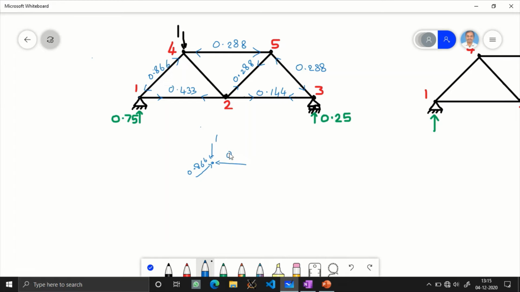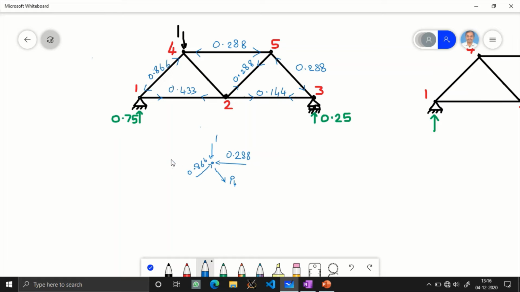And there is an unknown force P4. So I will assume the direction of P4 as acting away from the joint. I will consider the horizontal equilibrium.